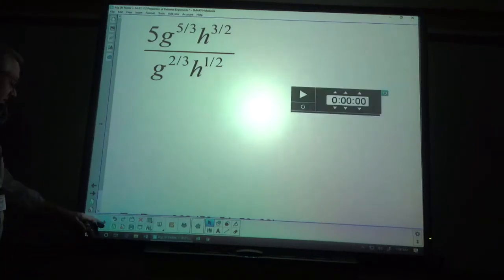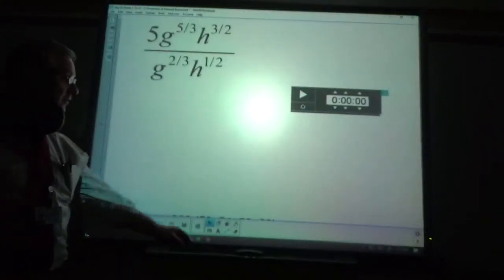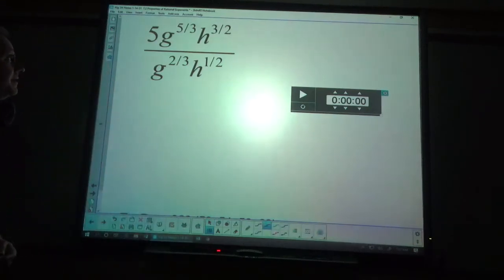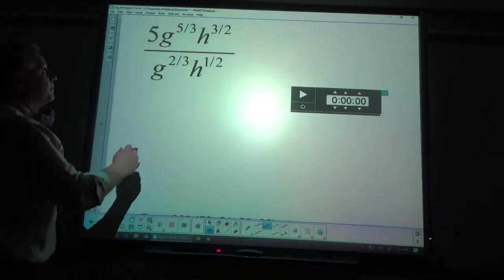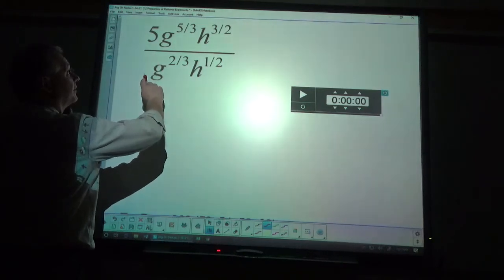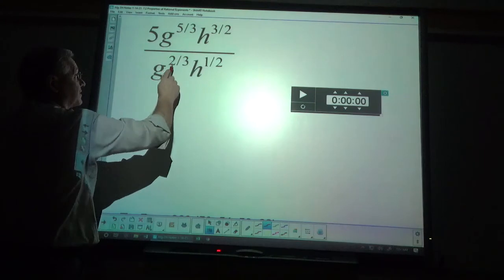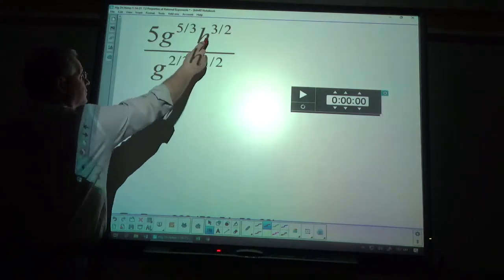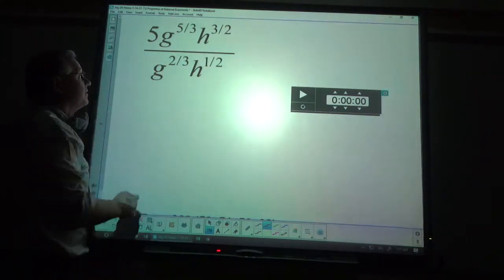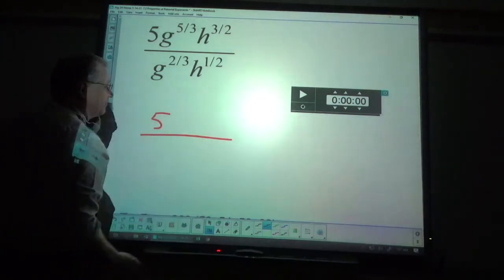This is, I think, our last one. Yes. So again, this is much more complicated looking than it actually is to do. Okay, so I want you to notice these are smaller than these for exponents. 5/3, 2/3, 3/2, 1/2. 5 stays on top.